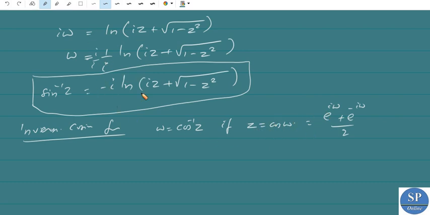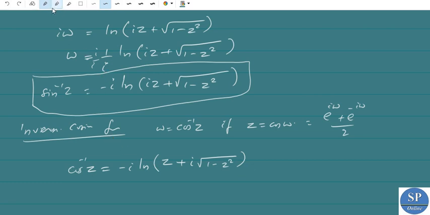Like this, you will get cos inverse of z, or w, equal to minus i ln of z plus i into the square root of 1 minus z square.